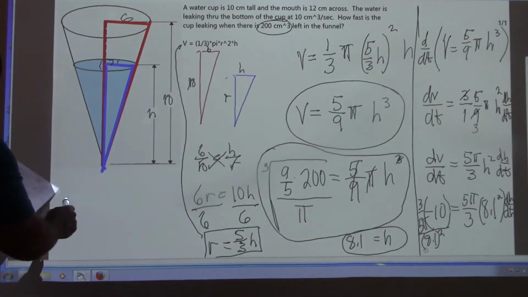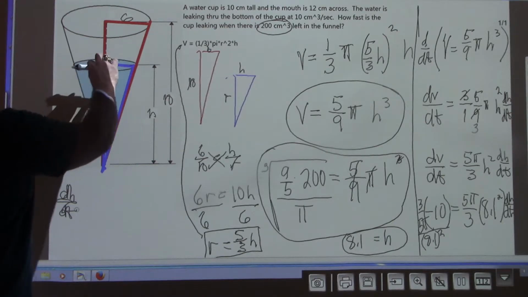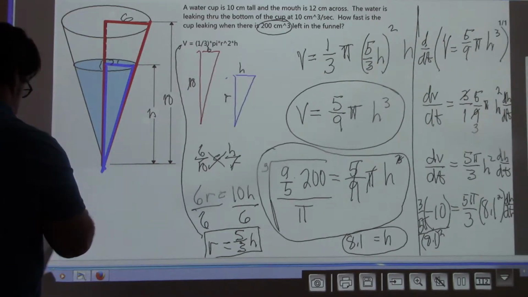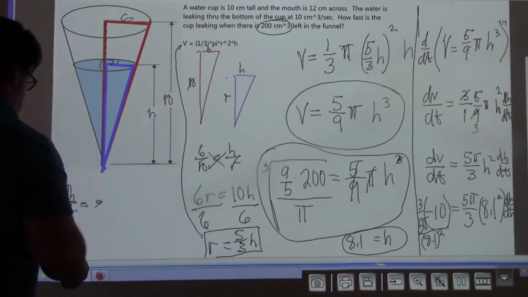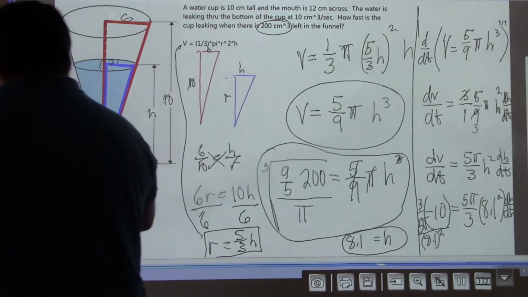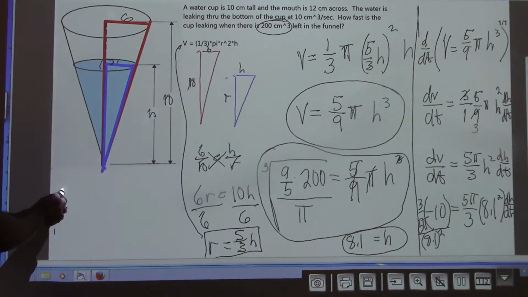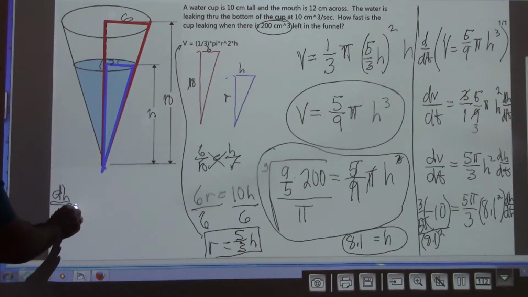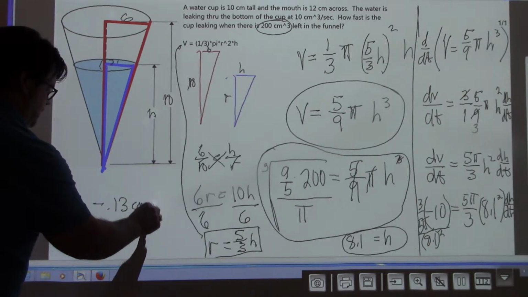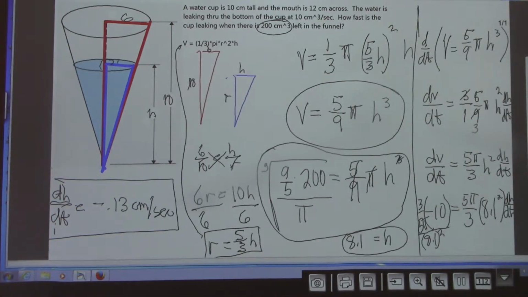So dH dt, the rate at which the liquid is falling at 200 centimeters cubed, is negative because it's decreasing. dH dt is equal to negative 0.13 centimeters per second. I hope you can read that. Okay?